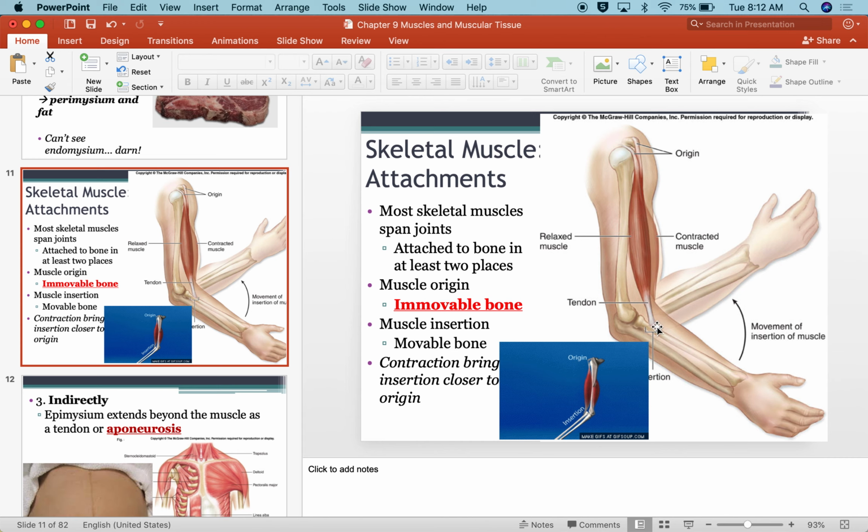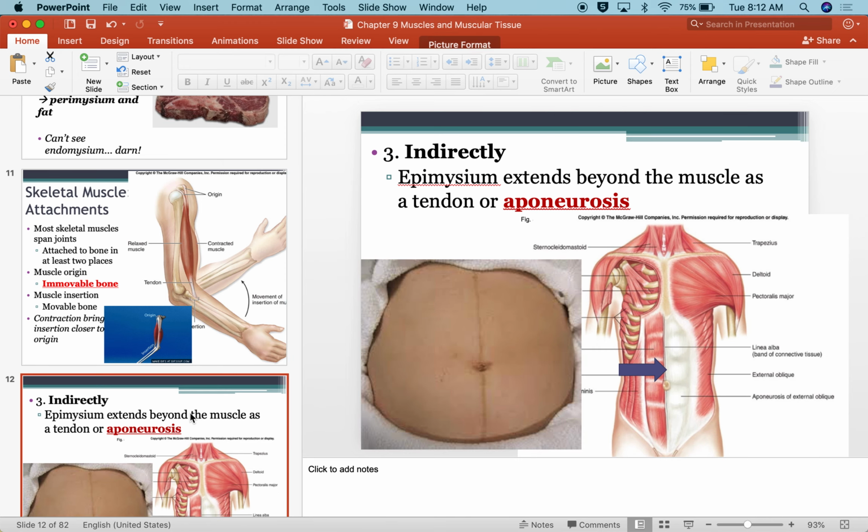So if you were to flex your arm, these muscle fibers contract in this direction, and this insertion will get closer to the origin.